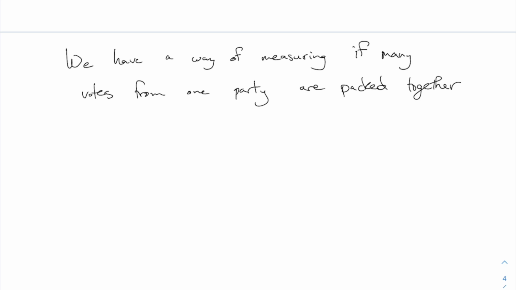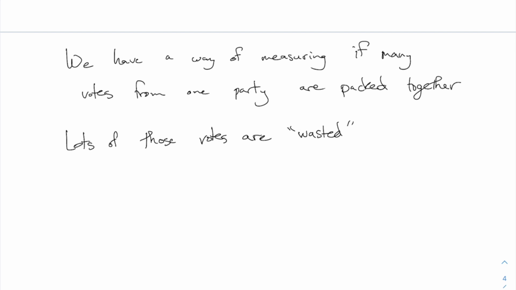The reason why you care about this is because lots of those votes are, the terminology that they use is, wasted. We are counting up wasted votes. The reason that packing ends up wasting people's votes is, if I'm in an evenly split district and I'm voting for the Democrat, my vote matters a lot.